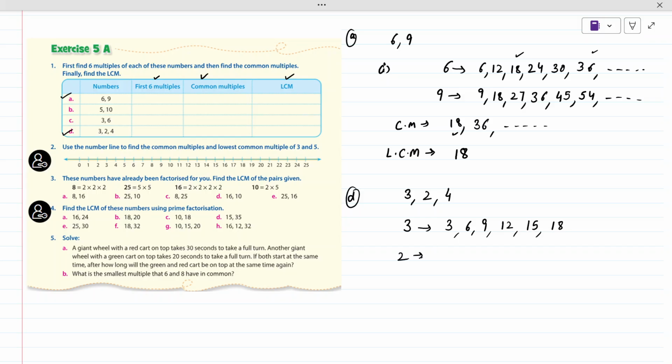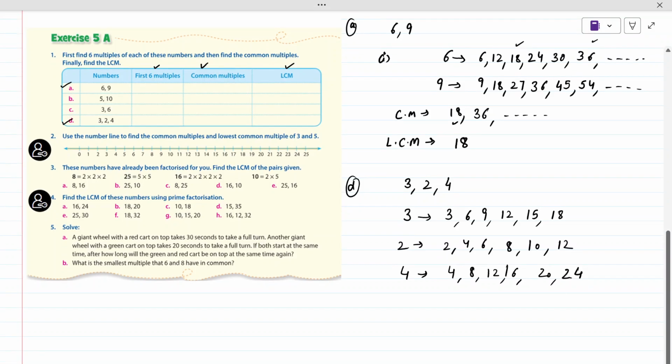Coming to 2, we have 2, 4, 6, 8, 10 and 12. And then coming to 4, we have 4, 8, 12, 16, 20 and 24. These are the first 6 multiples of these numbers.